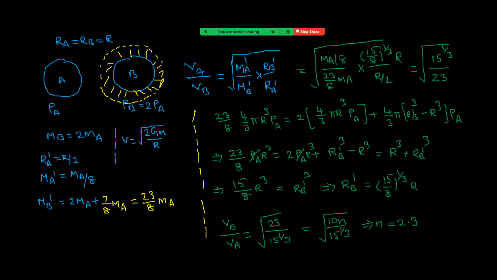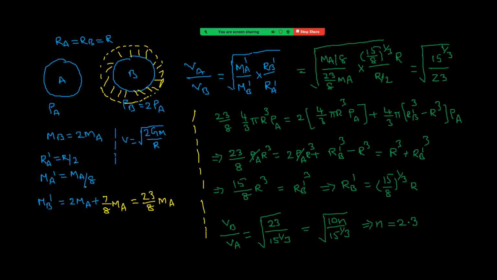Okay. That means in this problem, the main thing is the calculation of the outer radius of B. Except that, the remaining we can get directly, like mass of B twice that of A, which implies density of B twice that of A. Next, radius becoming half, so mass becomes 1 by 8.